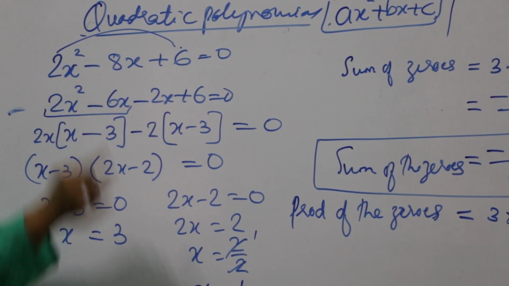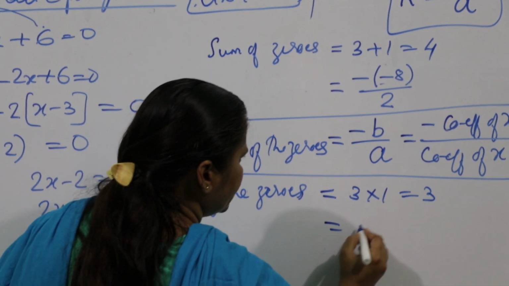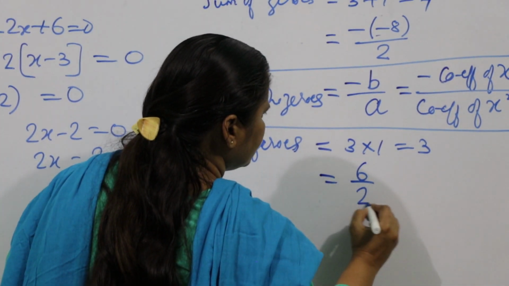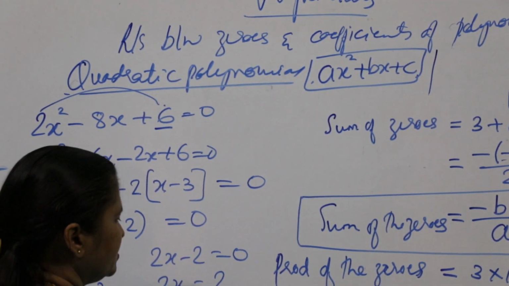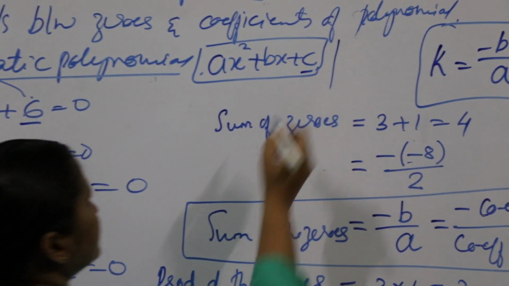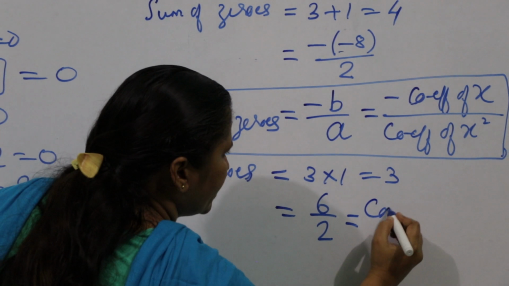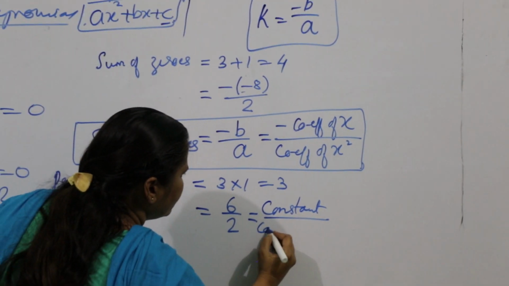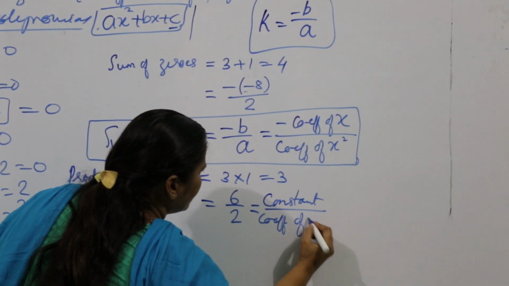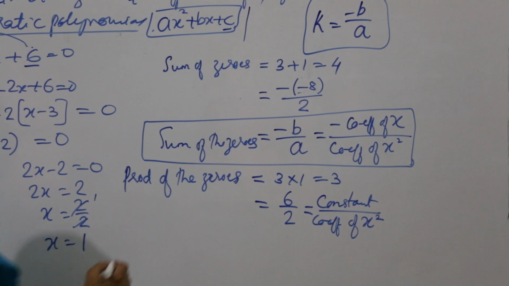So how do we get 3? 6 by 2. So let us say this is 6 by 2. And what is 6 in this, children? Here is 6. So what is it? It is the constant, by the coefficient of x square.